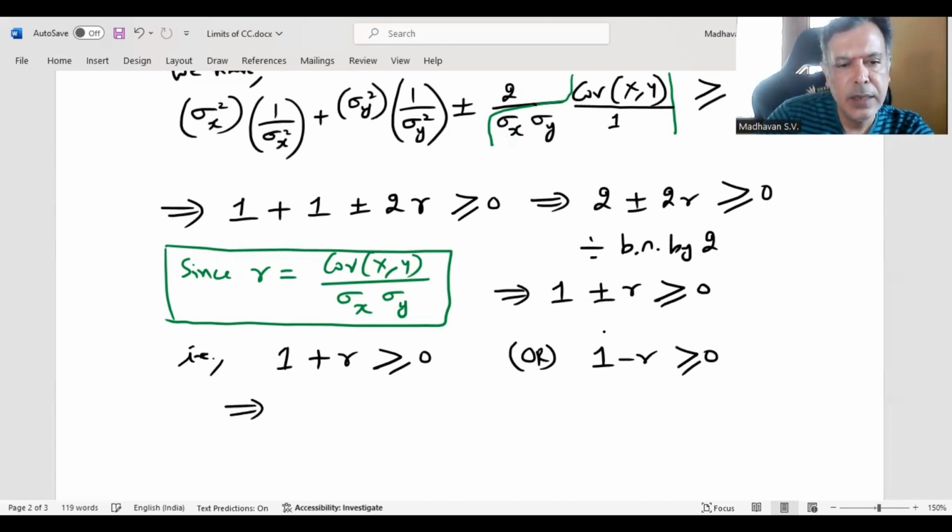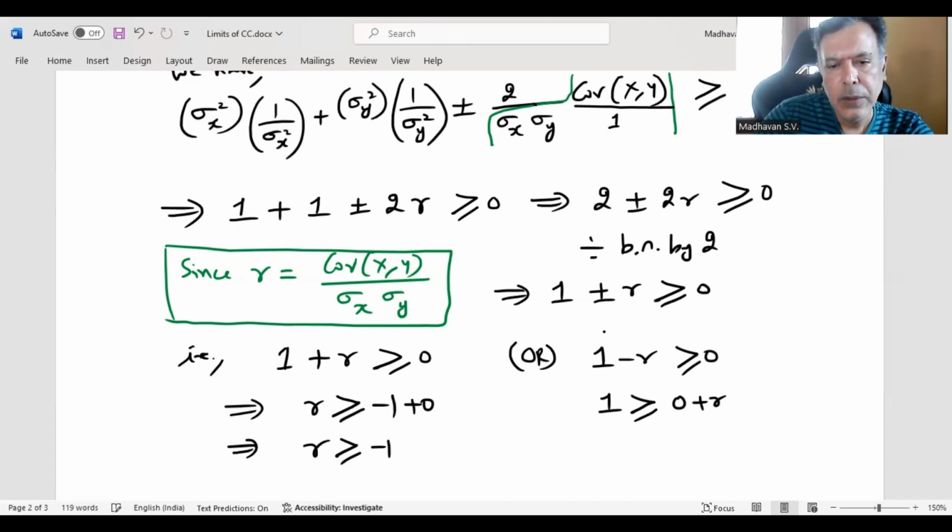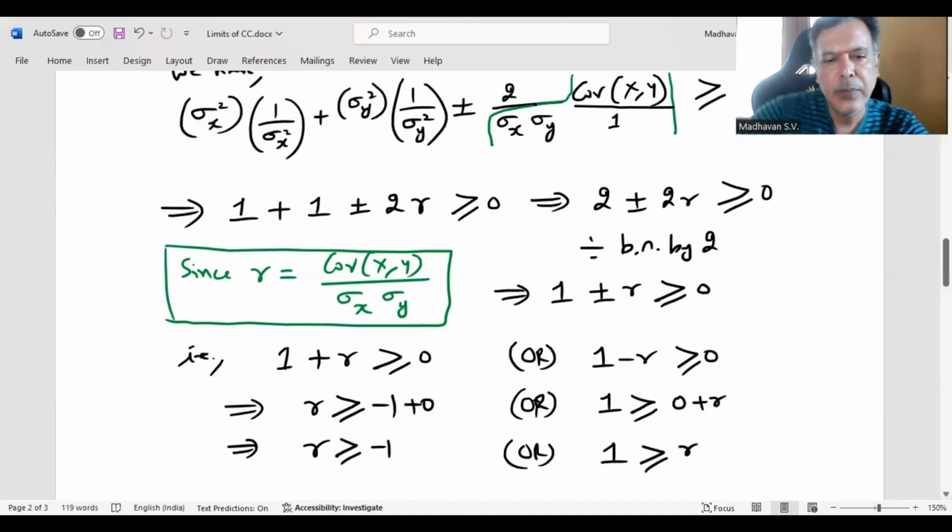This means that, bringing the 1 to the right hand side, it becomes -1, so r is greater than or equal to -1. Taking the -r to the right hand side, it becomes 1 greater than or equal to r.